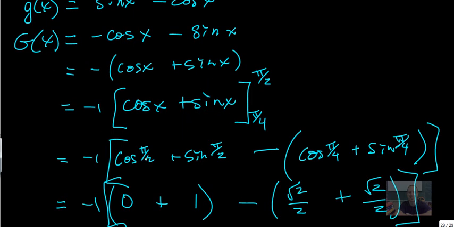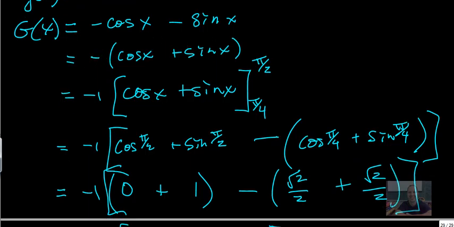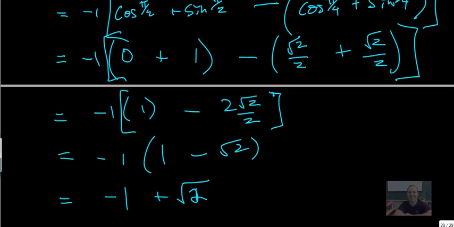So if we fill in these values here, cos of pi over 2 is 0, sine of pi over 2 is 1, and cos of pi over 4 and sine of pi over 4 are both root 2 over 2. This negative out here maybe throws you off just a little bit. It's like, how can this be the same as itself without the minus? Well, it's because you're evaluating at two different points.